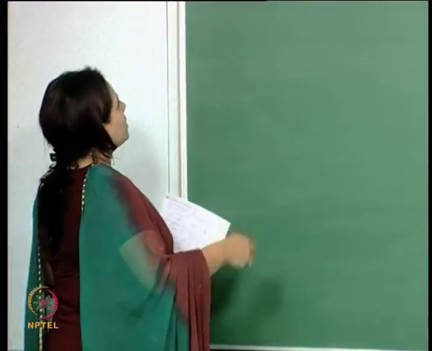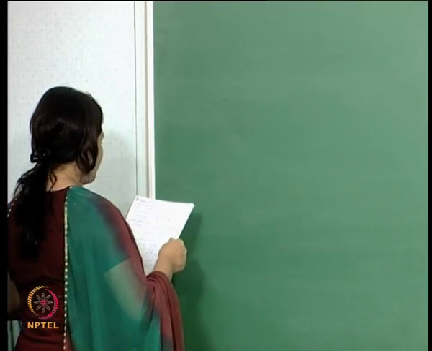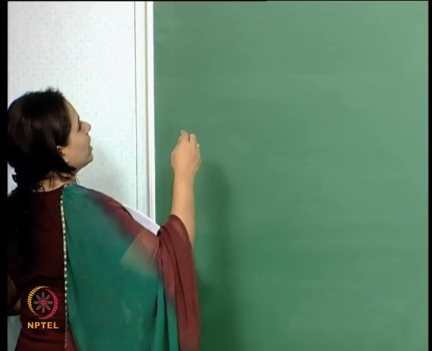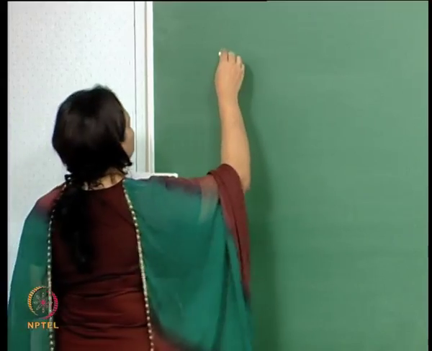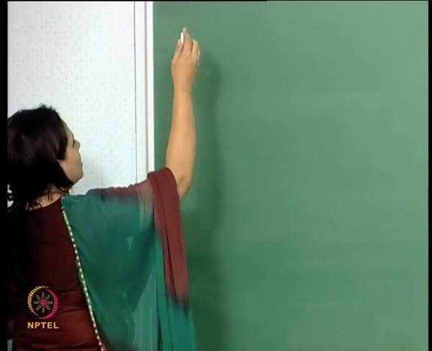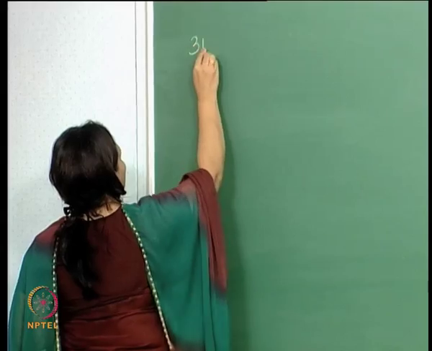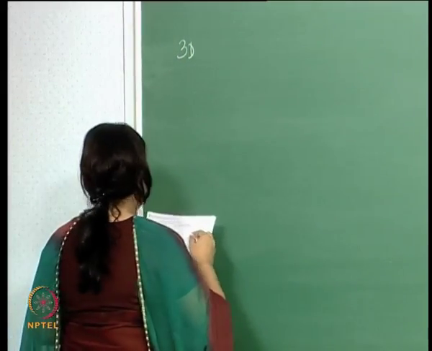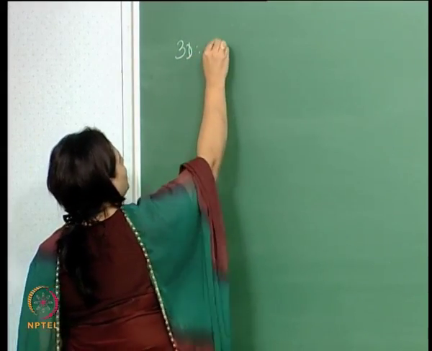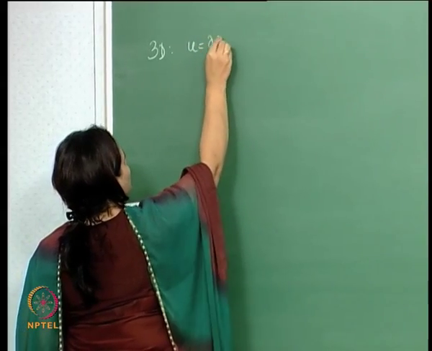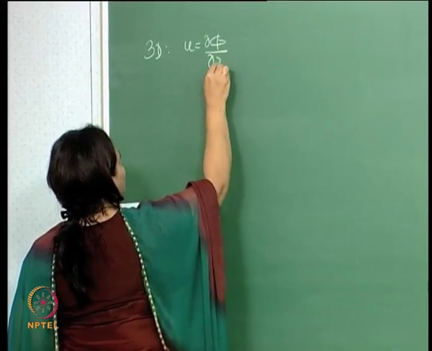Now if I consider a 3D irrotational flow, in the 3D case the velocity potential is phi.